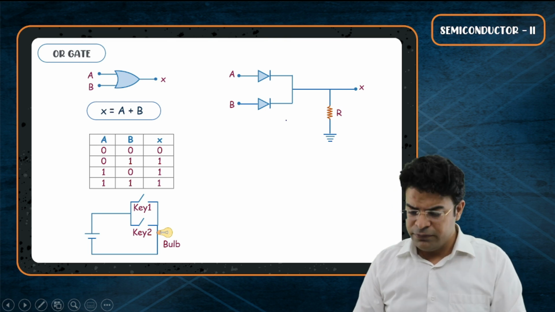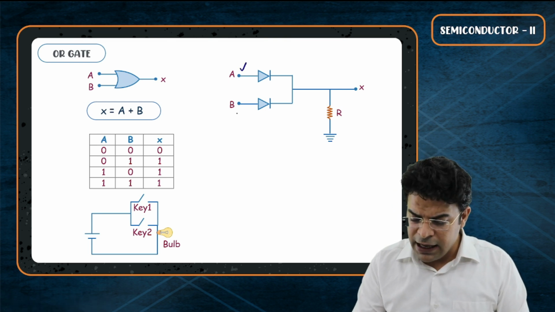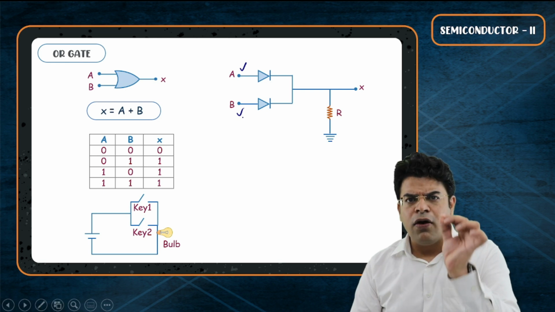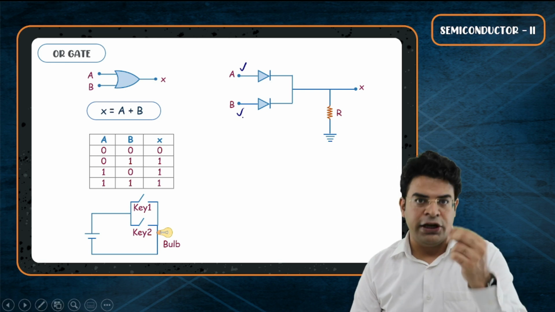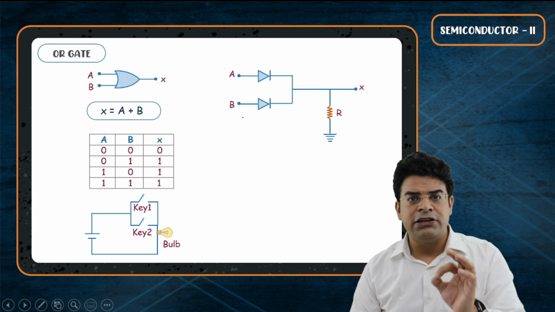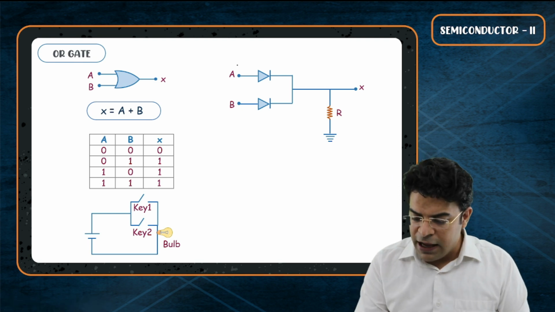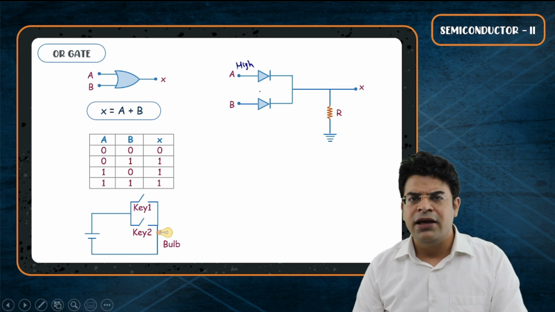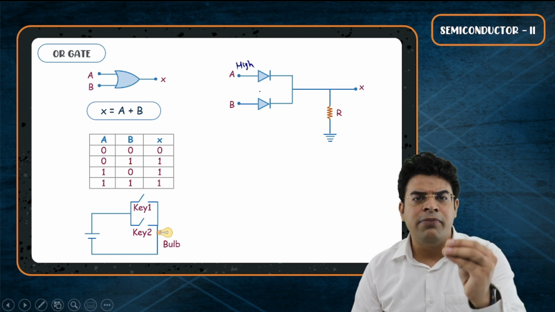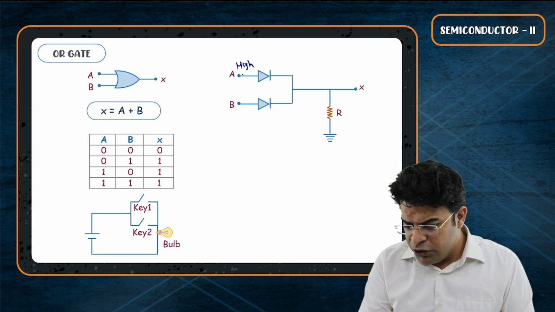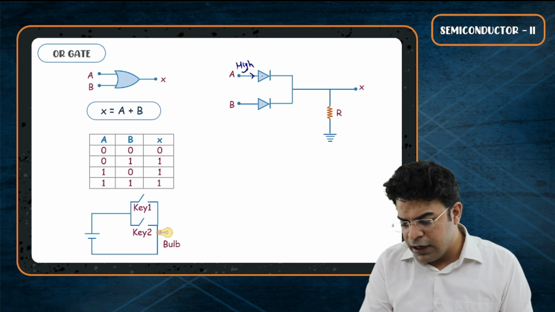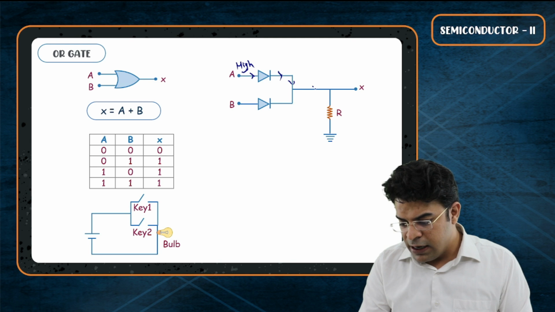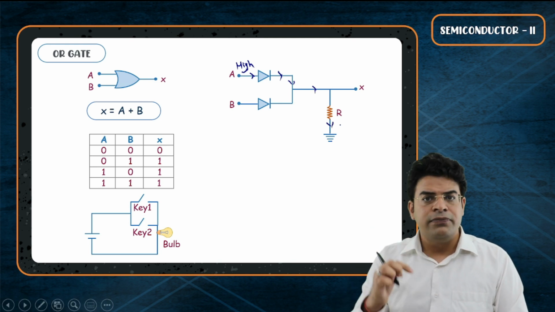Now understand here, if A and B, any one of them is maintained at high potential, maintaining at high potential means kept 1. Let's say A is maintained at high and we don't care about what is done with B. Then due to the high potential of A, current will flow through A and then this current will go to earth.